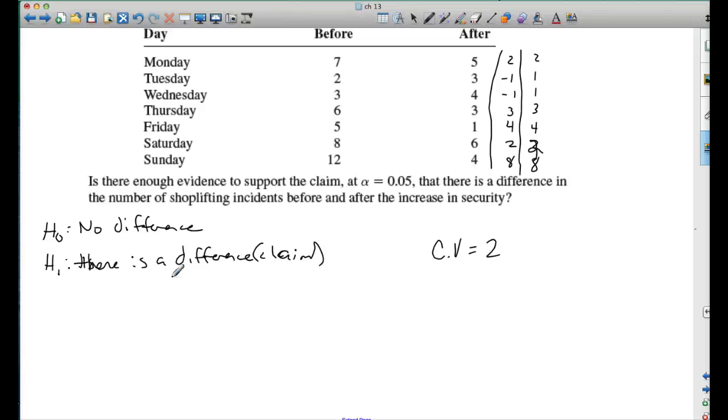Putting the numbers down, we have a 1, a 1, a 2, a 2, 3, 4, 8.